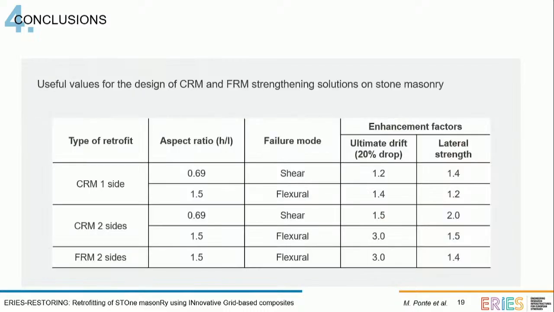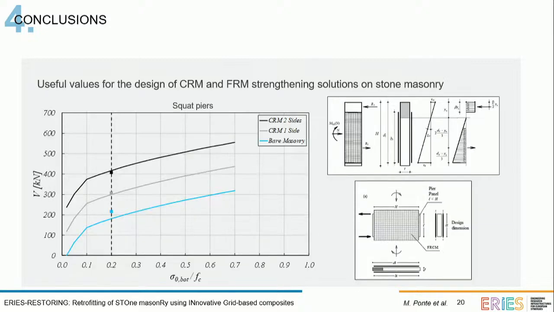And then just to leave you with the main results that in the end the practitioners will need for the design of the retrofit on this type of material, since there are no reference values for this, and this is very important. So the enhancement factors of ultimate drift and lateral strength.